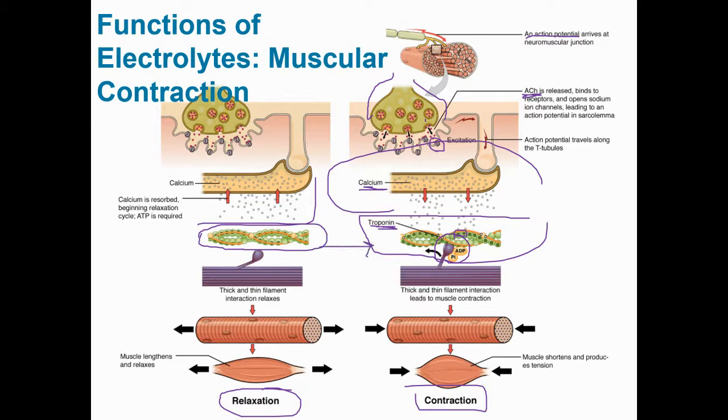Going back over here, you'll notice that the binding sites are open and can bind to the myosin head. But when calcium is no longer available, the binding sites get closed off so that the muscle fibers can relax. So this is a third function of electrolytes in the body, muscle contraction, and that's done in large part due to calcium, which we consider an electrolyte in this example.